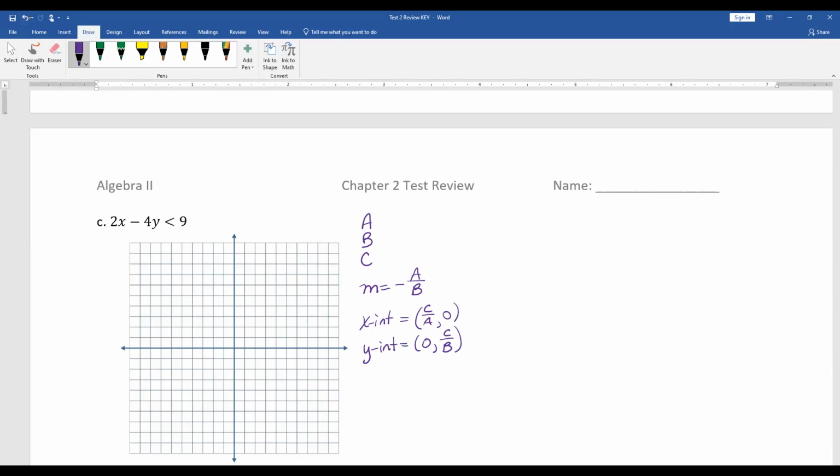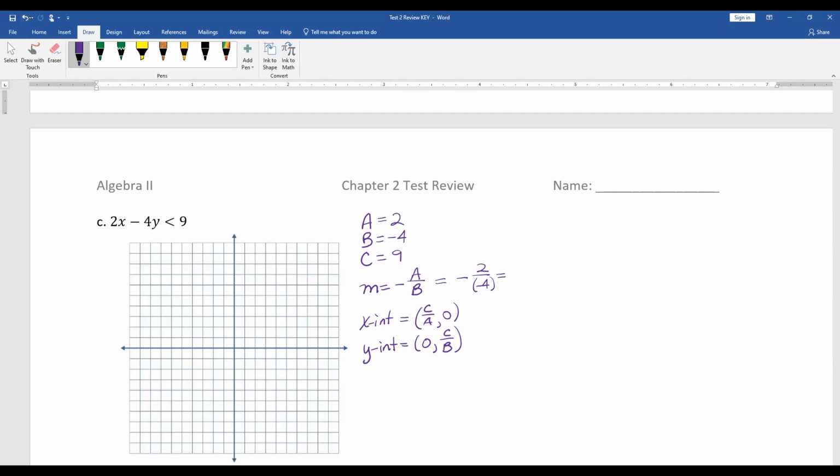Okay, so what is A? 2. What is B? -4. Very good. And what is C? 9. Okay, so my slope is negative A over B, which is -2 over -4.